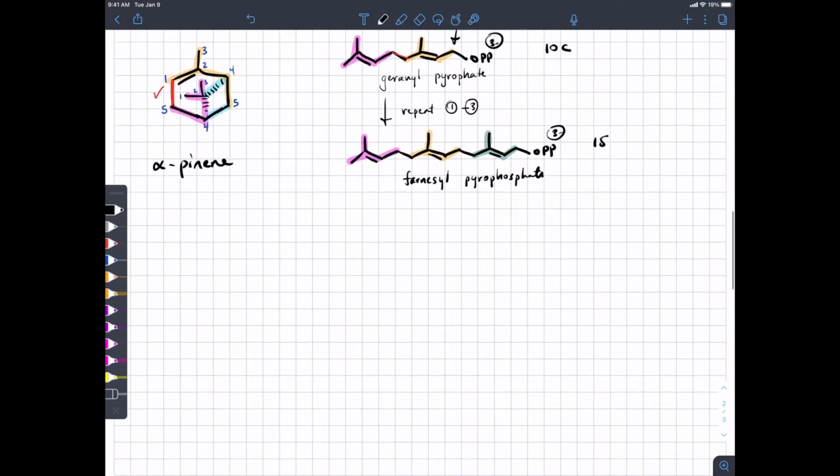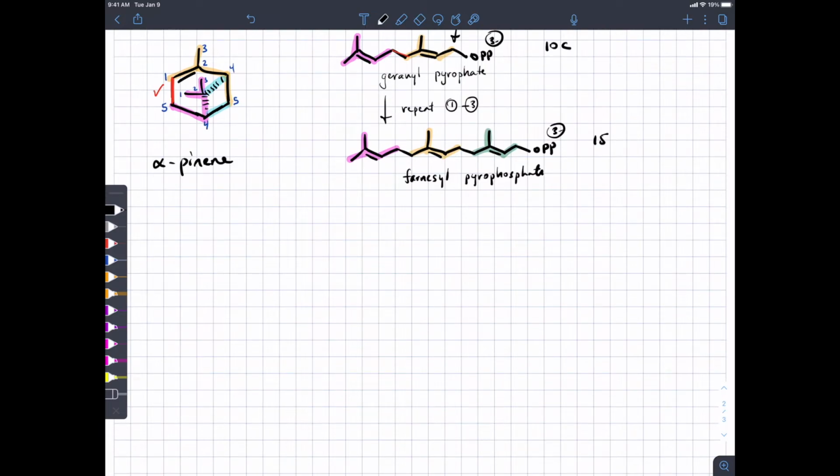All right. So I'm going to show you how you do this, and along the way, I'm going to show you an intermediate we need to get to. This is not something that I would expect you to be able to predict without ever having seen it before, but once you know, you should be able to work your way through it. The intermediate is this carbocation.